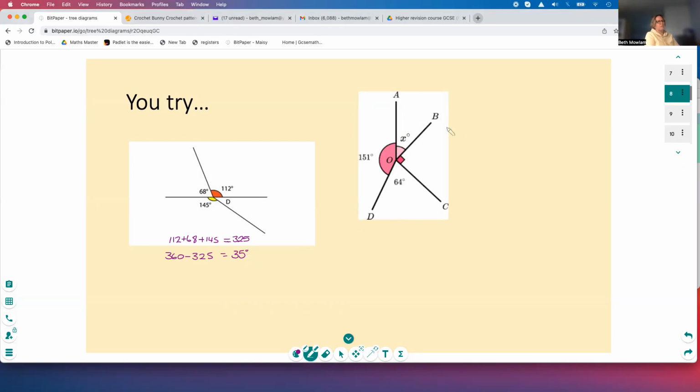Then this one here, remember this right angle is 90, so it's got a square angle, it's a right angle, which is 90. So this time we want to add the ones we know. So 151, add 64, add 90. And then we want to see what is left to get to 360. So that adds up to 305.